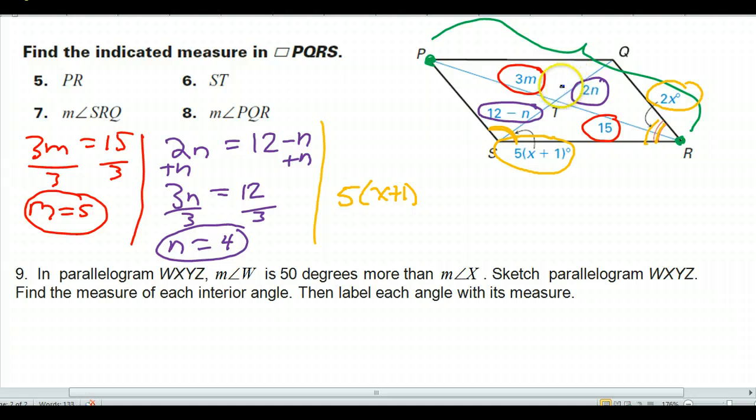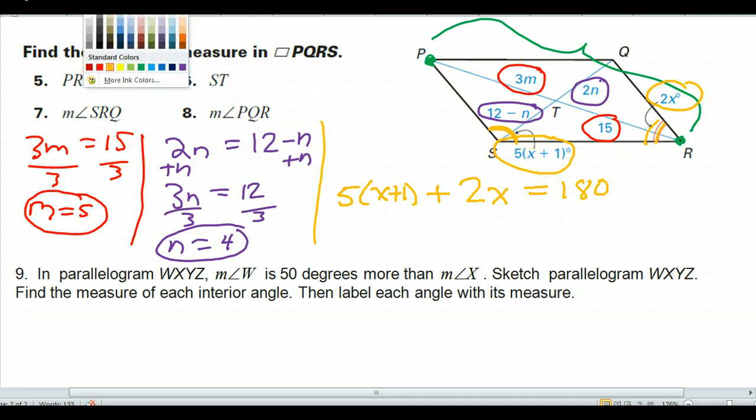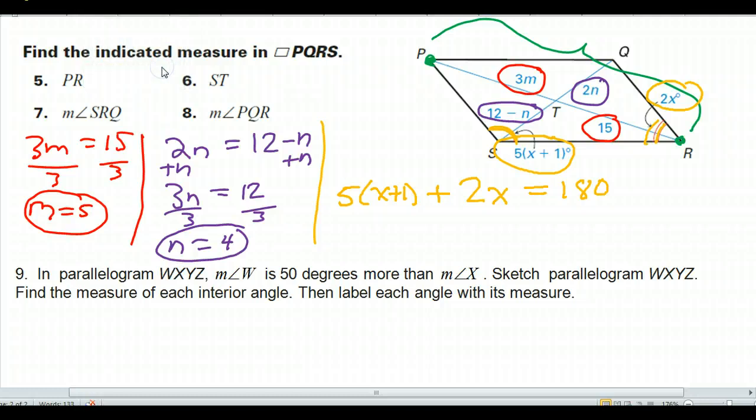Okay. Right. 5 times x plus 1 plus 2x should equal 180. That's the equation that everybody should have. Okay? I'm betting a lot of people did not have that at first. And then solving it is the easy part, but does everybody understand where the equation came from? Then you would do the distributive property and all this.